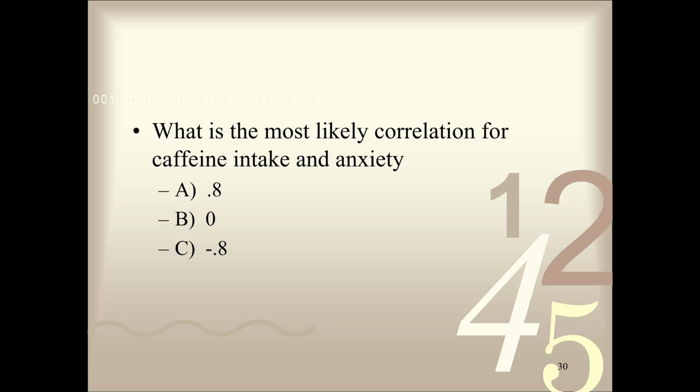You would expect the more caffeine, the higher anxiety. Less caffeine, less anxiety. So they move in the same direction, so 0.8 would be the most likely there. And most likely correlation for hours spent studying and GPA? Again, you'd expect them to move together. The more time you spend studying, the higher the GPA. So that would be A, positive 0.8 correlation. And hair length and salary, obviously zero correlation there.